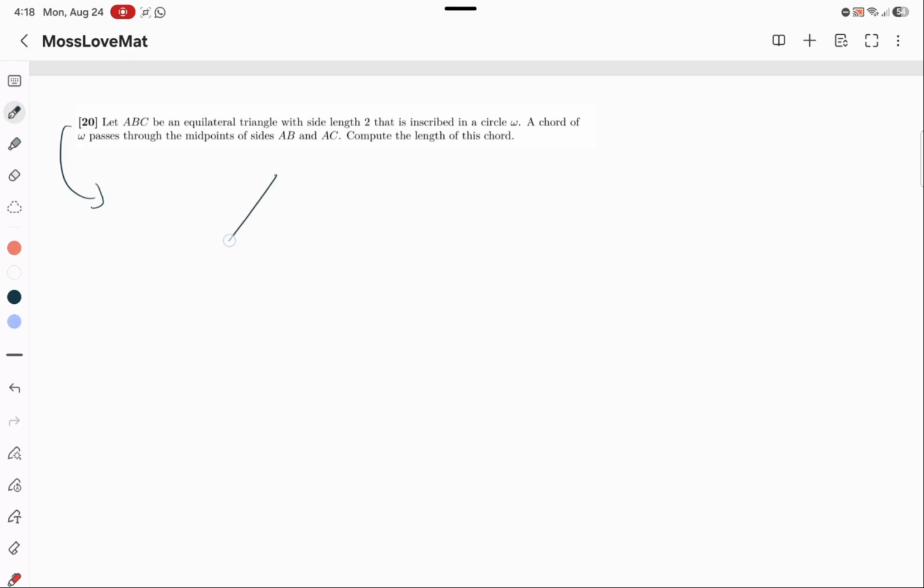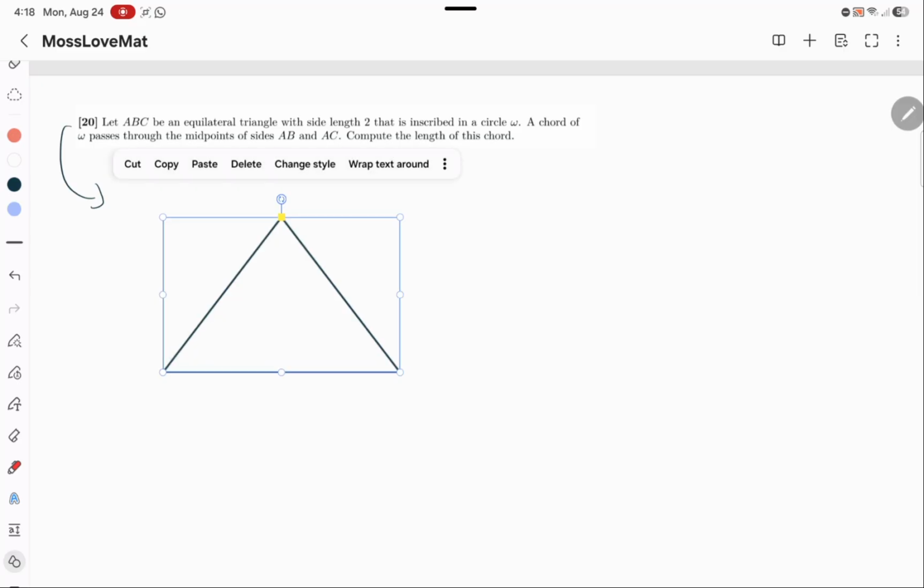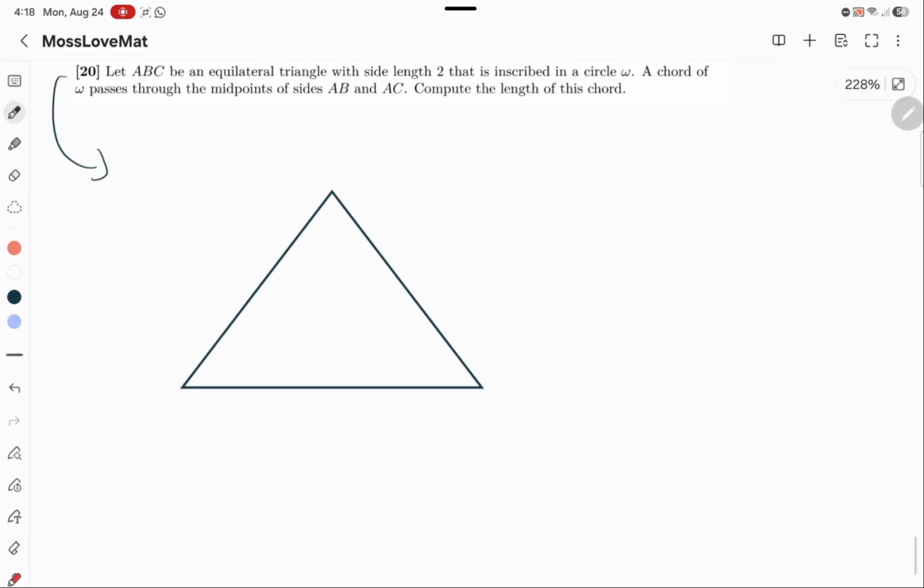First of all, I will draw the triangle. And then it is inscribed in a circle like this.